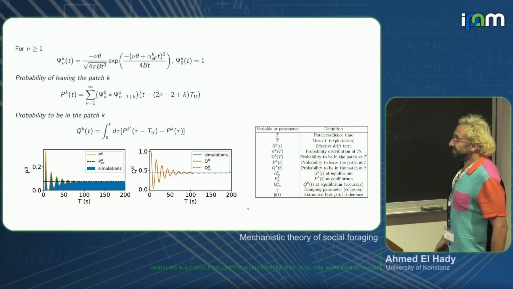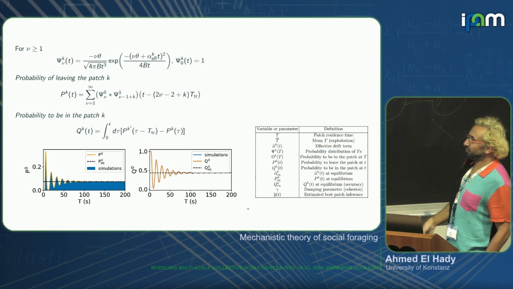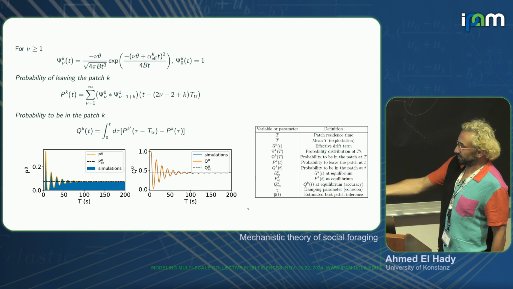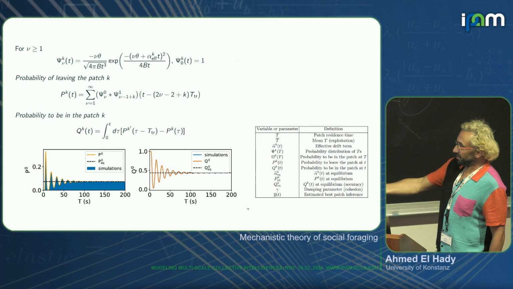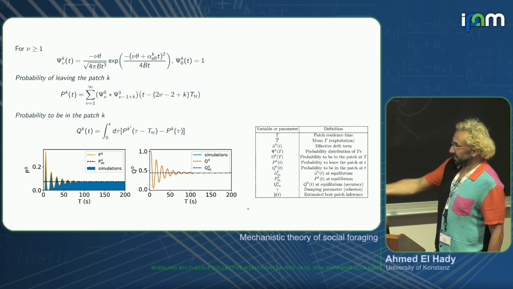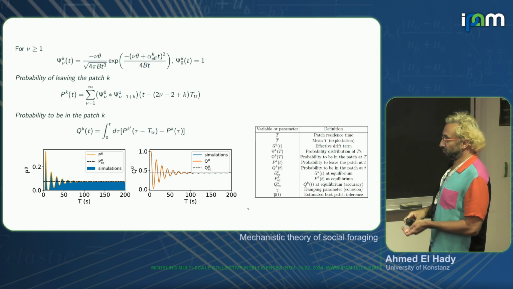And what is very interesting is that we get these oscillations here. So here, for example, this is P0, one of the patches, and we look here at the probability of leaving the patch. The orange lines are our analytics, and the violet is the simulations.